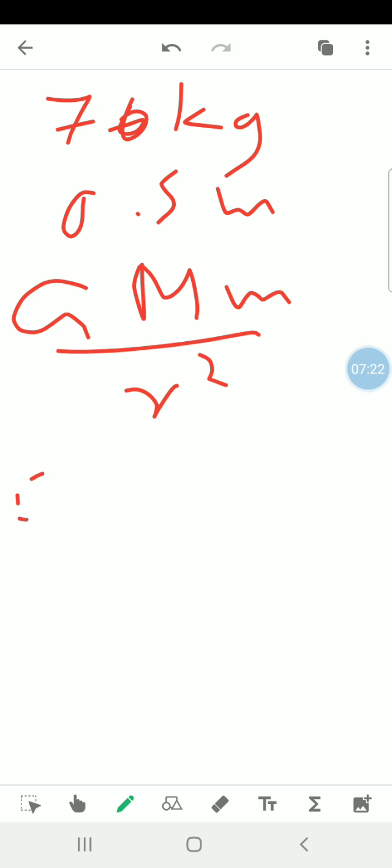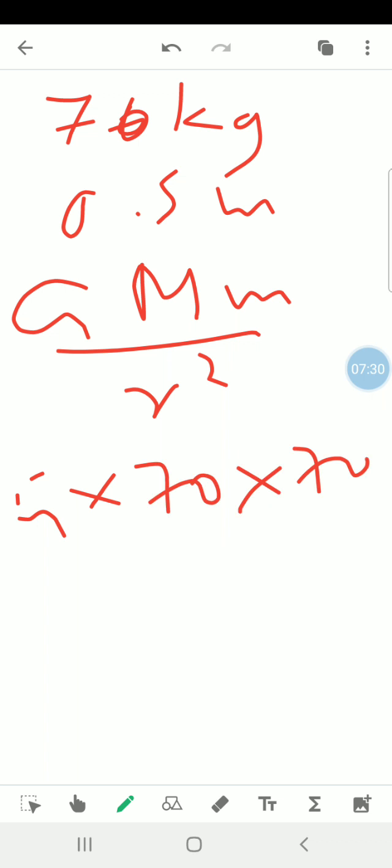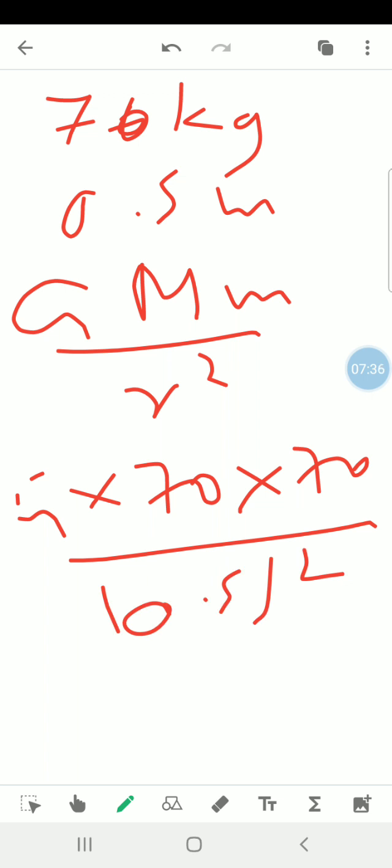G you know is 6.67 into 10 to the power minus 11. G multiplied by 70 into 70 divided by R squared, which is 0.5 squared. And if you take these values, instead of 70 you can take 80. It doesn't really matter.